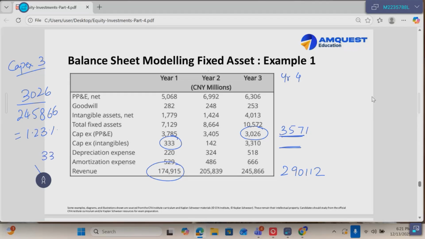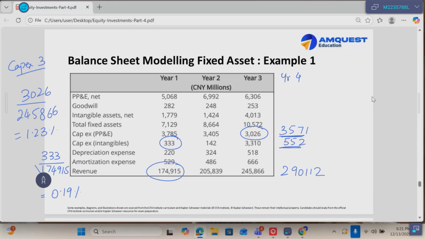So we have to take 333 divided by 174,915. The answer for this will be close to 0.19%. So in year 4, your investment in intangibles is going to be 0.19% of 290,112. This is going to be 550. So we have calculated two variables which we need.